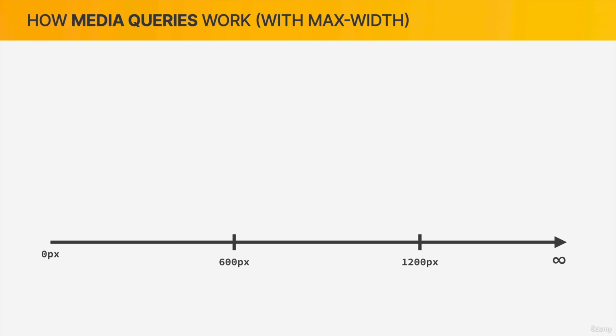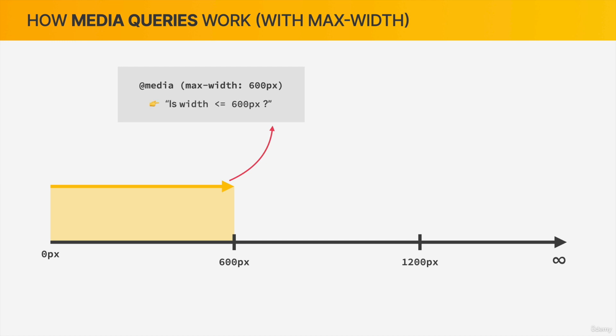So let's say that we wanted to apply a certain style for the range between 0 and 600 pixels. Then we could write a media query like this. We would write @media and then max-width 600 pixels. So basically, this media query checks if the current viewport width is smaller or equal than 600 pixels. And if it is, then all the CSS code that is in this media query will apply.